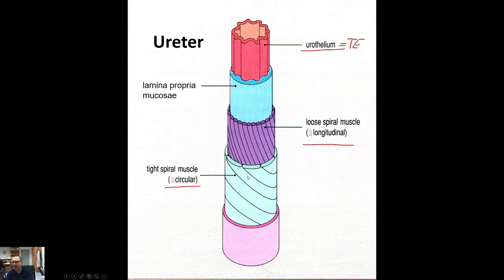All muscles, every time in all tracts, are spirally organized, and their histological appearance depends on the height of the spiral turns. Near the urinary bladder can be found a second longitudinal, so in total a third layer of smooth muscle tissue, and outside is tunica adventitia.